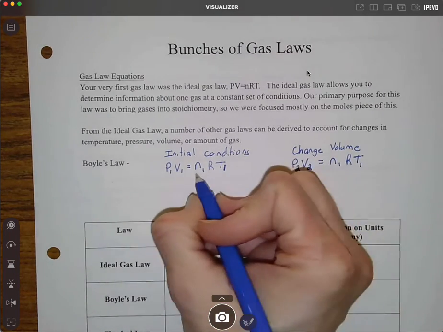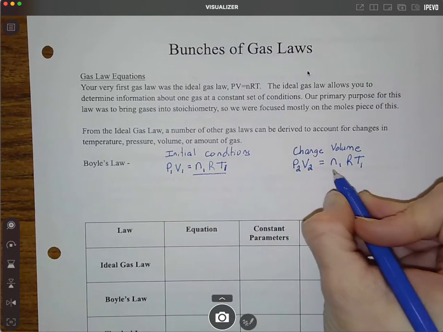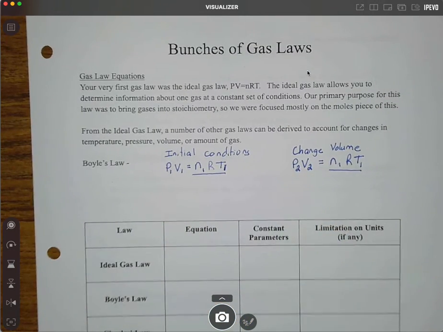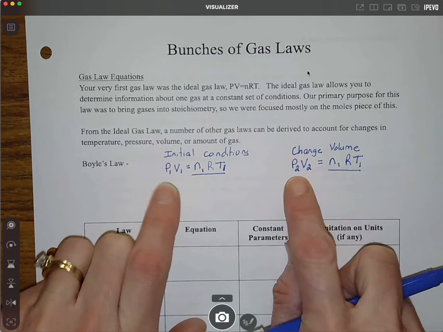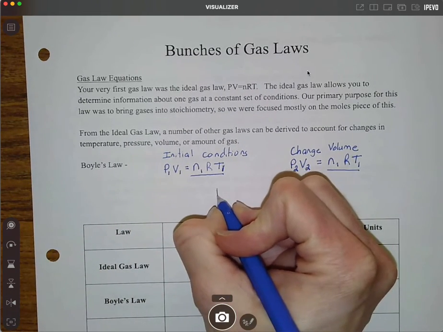And so what you can see is that this side and this side of the equation are identical to one another. And there's something in math that says if two things are equal to the same thing, then those two things are equal to one another. And I have no idea what the property is called, but I do know that it's a very useful property and I can use it even though I don't know what it's called. So if those are both the same, it means these two things are the same as well.